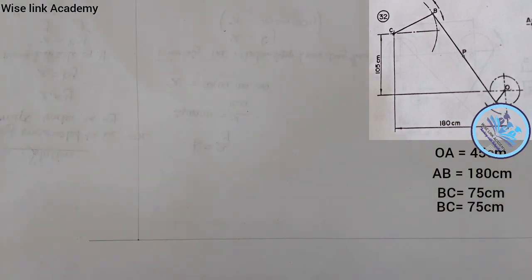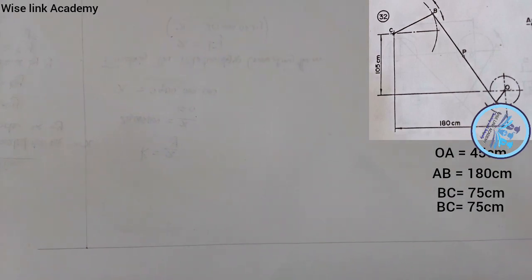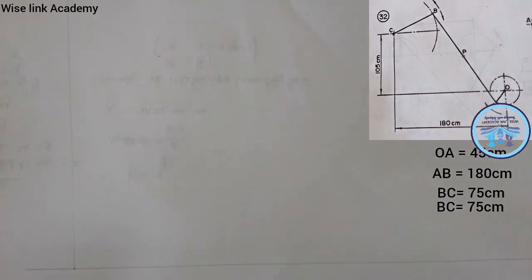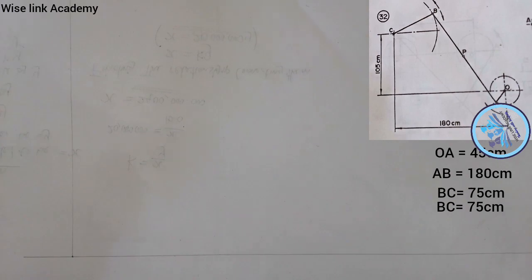Now let's stop. I'll show you what I'm doing very well. As you can see, this point here is that point you are seeing at the right corner of the screen. From this point, the distance of 180.